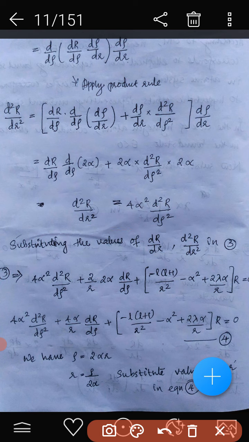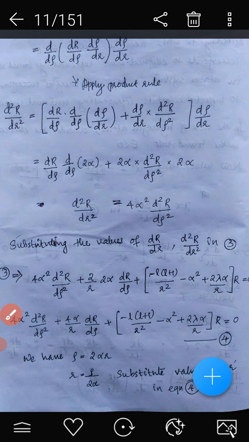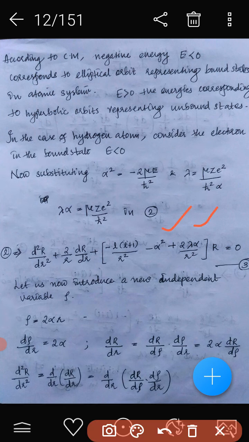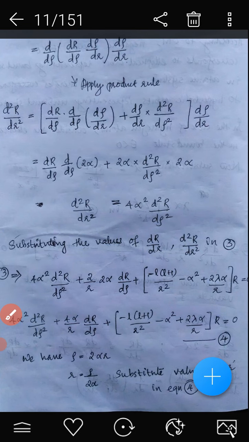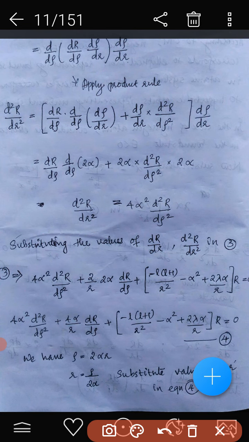So we can substitute the values of dR by dr and d square R by dr square in equation number 3. Instead of d square R by dr square and dR by dr, we substitute these. Then the equation becomes like this.